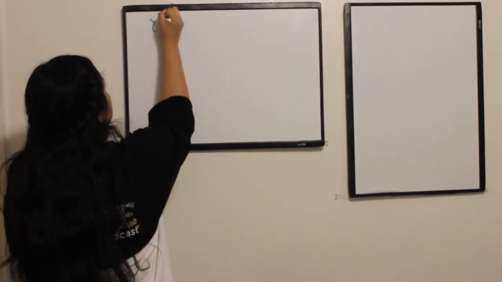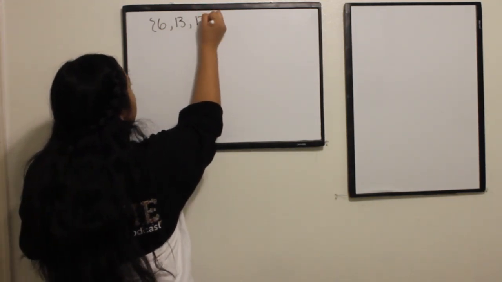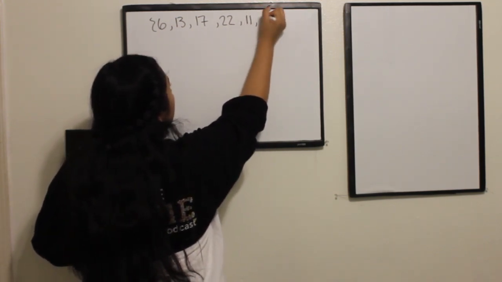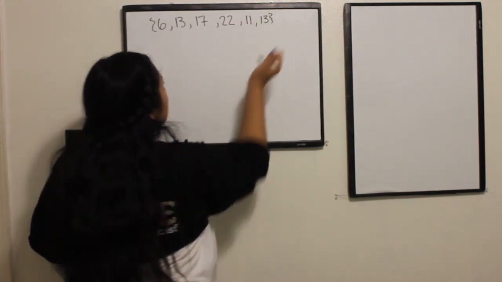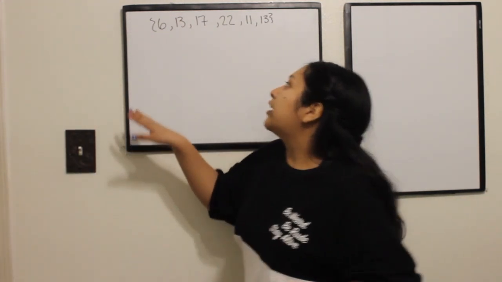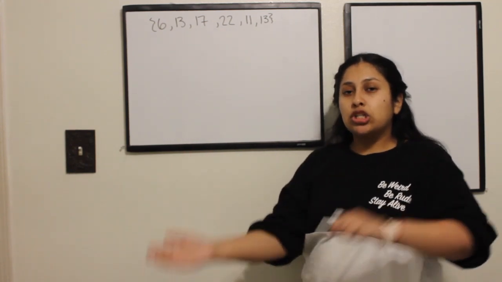So in today's example, I'm going to write right here, our set numbers are going to be 6, 13, 17, 22, 11, and 13. So these are just numbers that I randomly came up with. After we find our set, we're going to rearrange our whole set from lowest to largest.